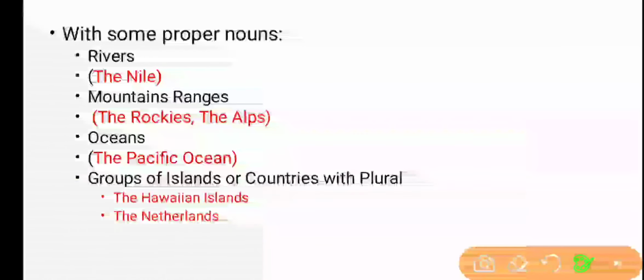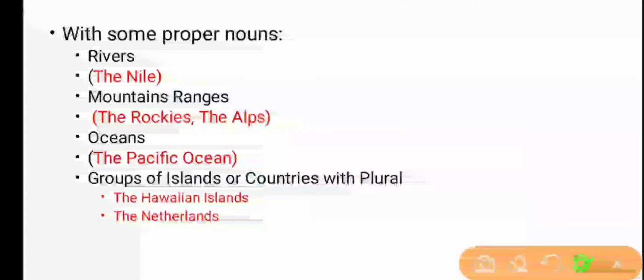Also, we use the with some proper nouns, for example, rivers. For example, the Nile is the longest river, right? So here I have used the. When we talk about mountain ranges, we also use the with them. For example, the Rockies, the Alps. Okay, you can find more examples of the same thing. There are a number of mountain ranges, right?